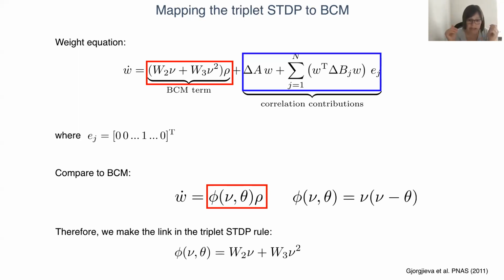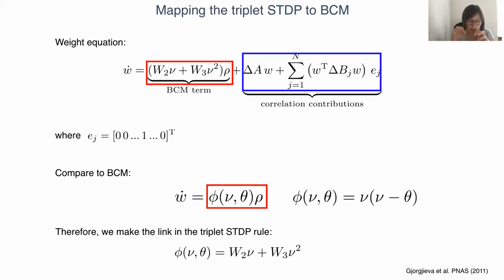But spikes give you something that's more than rates. With spikes, you can also calculate correlations. And so it's natural that this triplet rule, because you can reduce spikes to rates, can do the same things as the BCM rule, because the BCM rule is just rate-based, and here we have spikes that can be reduced to rates.